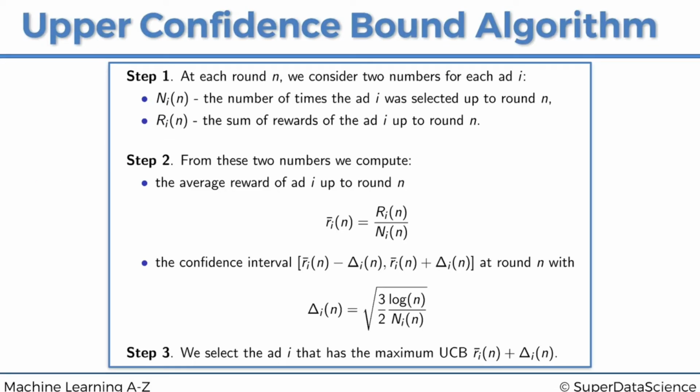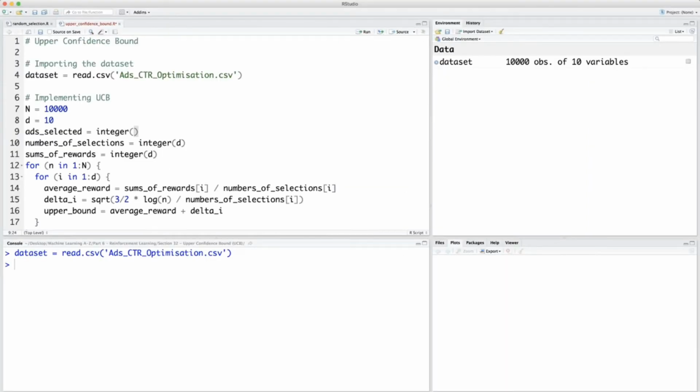Step 3 is we select the ad i that has the maximum upper confidence bound. So we already computed the upper confidence bound, and now we need to create another variable that will be the highest upper confidence bound, because right now this upper_bound variable here is just the upper bound for each of the d versions of the ad at round n. And so that's why we need to create another variable that will take the maximum of these upper bounds of the 10 ads at round n.